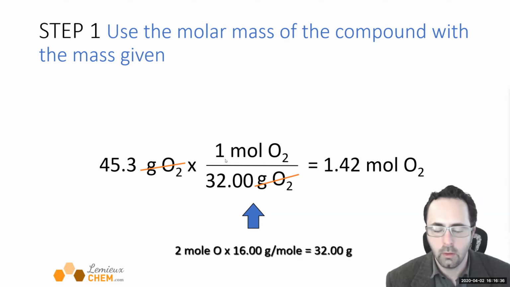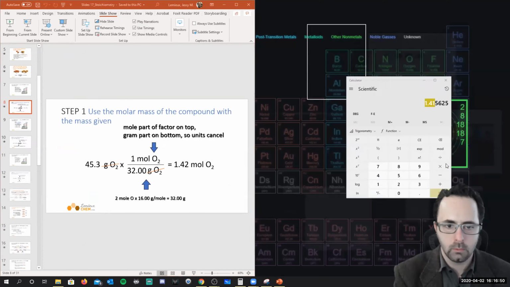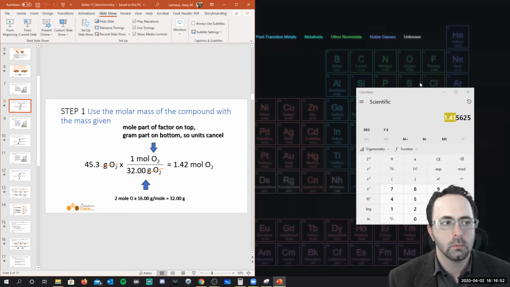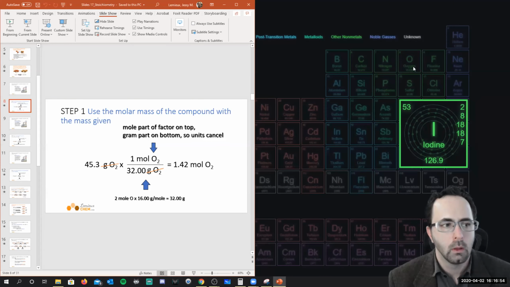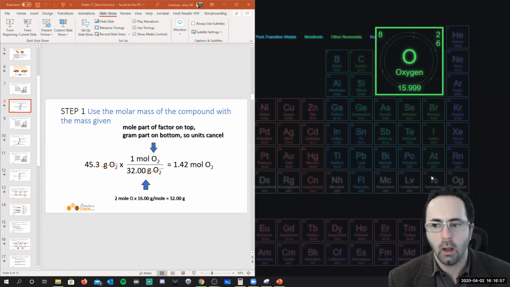How did you get 32? Good question. So the way I got 32 is if I have 1 mole of O2, that contains 2 moles of oxygen atoms. Now the 16 here comes from the periodic table. So each mole of oxygen atoms weighs about 16 grams.